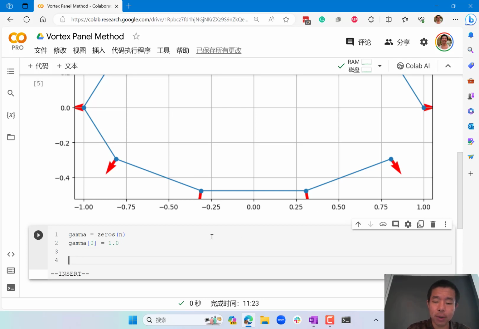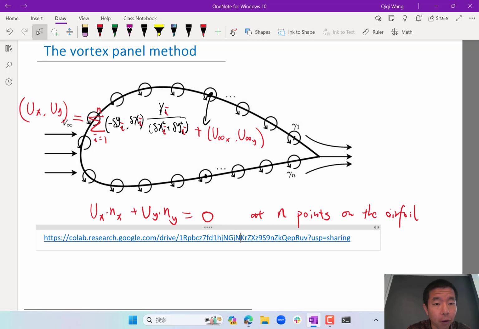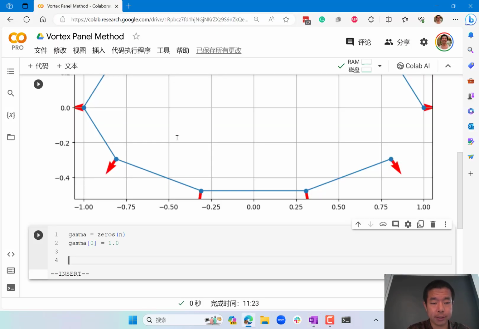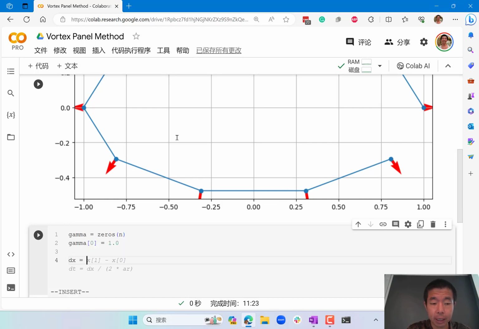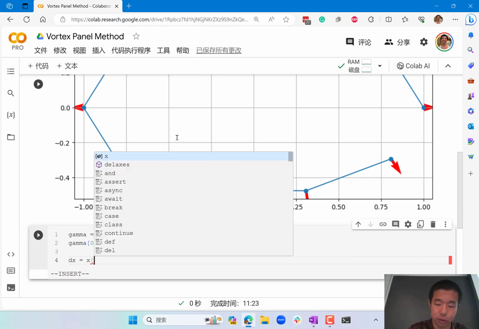And then what I'm going to do is follow this formula to compute only the first part of the induced velocity. So I'm going to say, okay, what is dx? So dx is going to be the location of the vortices.